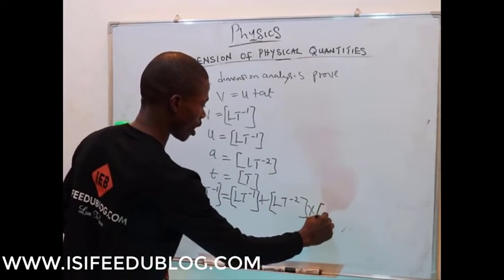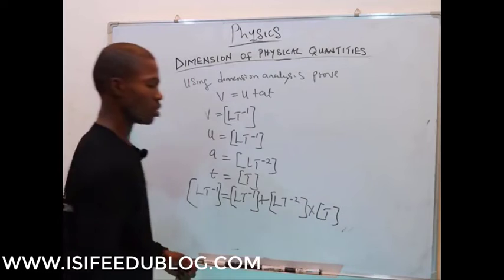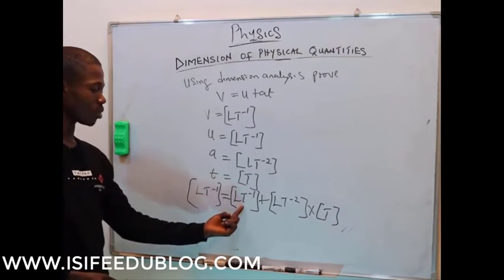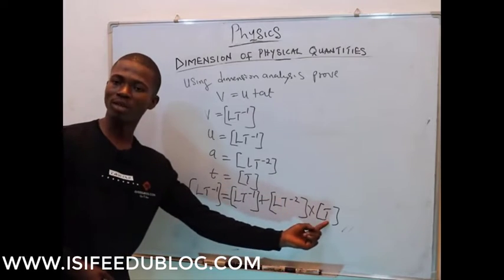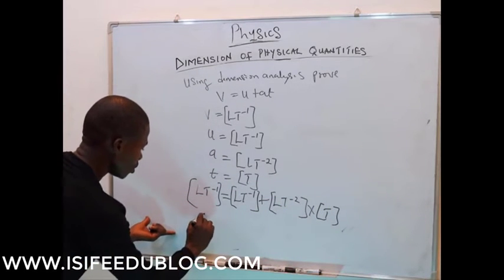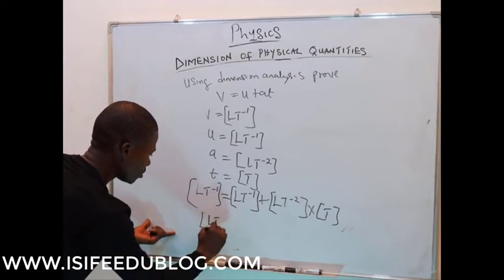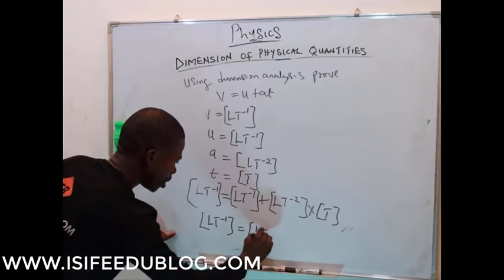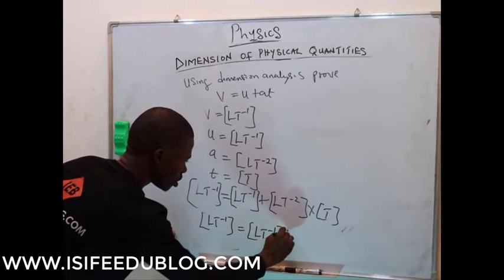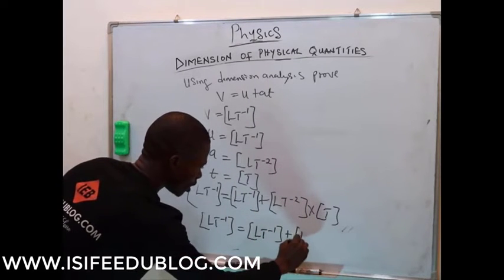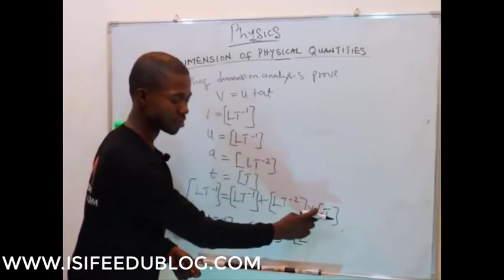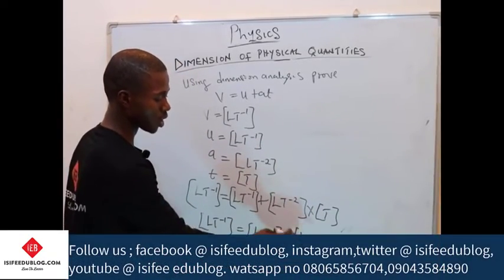Times our time, T. So if we check now, this is LT minus 1, LT minus 1, then we multiply this out. LT minus 1 is equal to LT minus 1 plus, we use the law of indices, LT minus 2 times T. We first of all pick our L and drop.